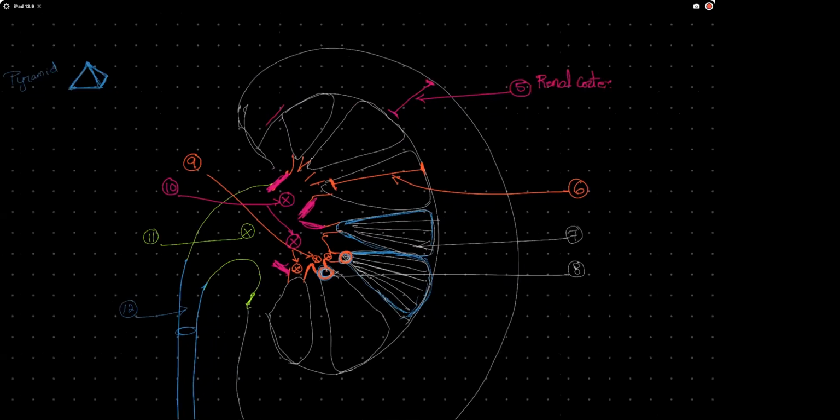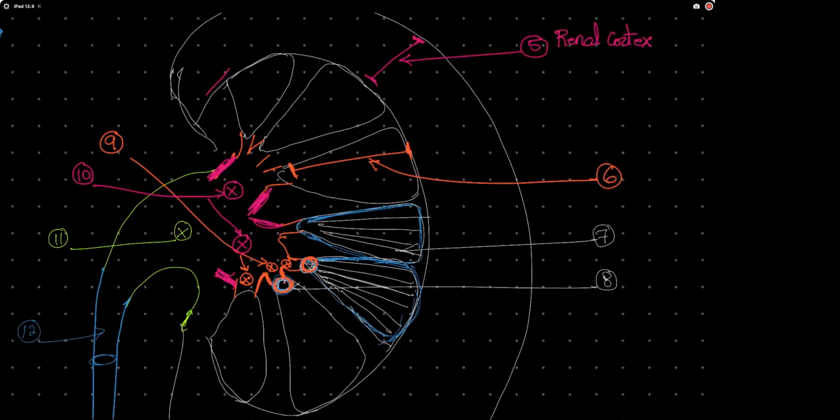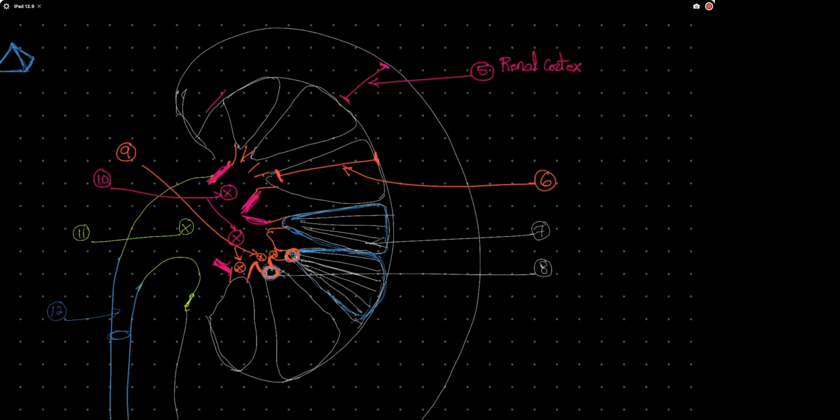And what do we call the inner layer? If the outer layer is a cortex, the inner layer is going to be my medulla. So what do we call this inner layer of the kidney? This is going to be my renal medulla.